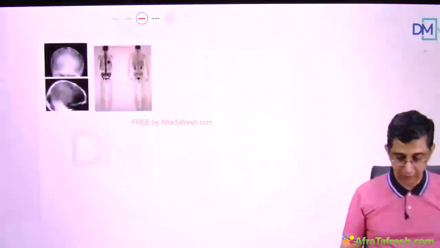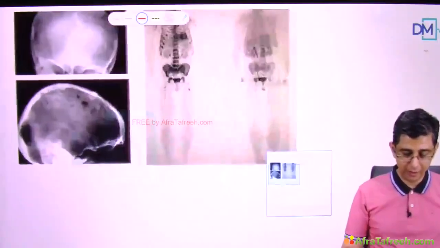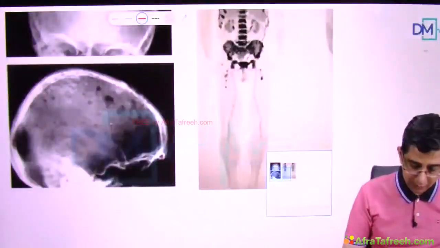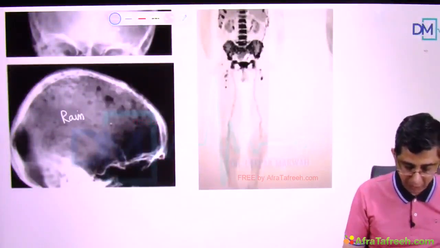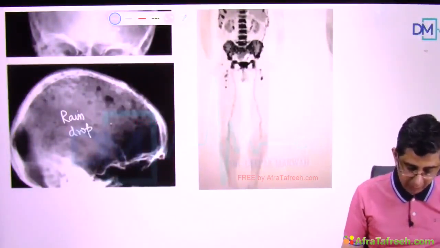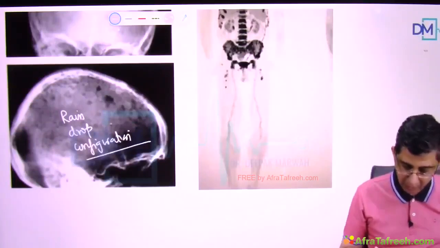In the workup of this patient, the X-ray skull of this particular individual will reveal a raindrop configuration. You can notice multiple lytic lesions, but the raindrop configuration of lytic lesions in the skull of the patient is a feature.